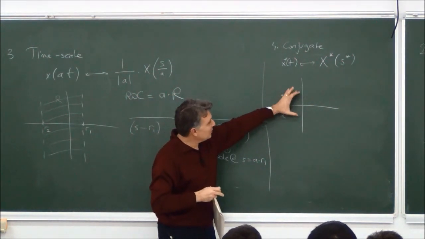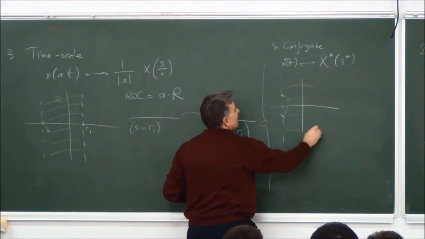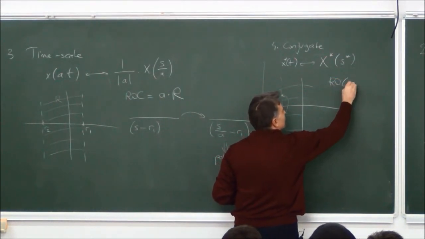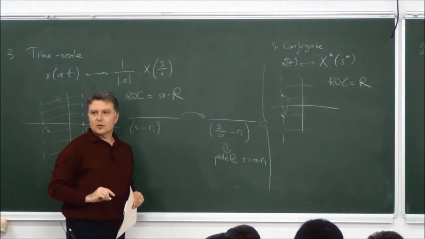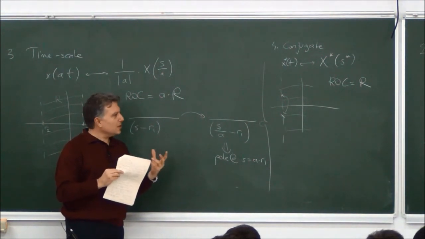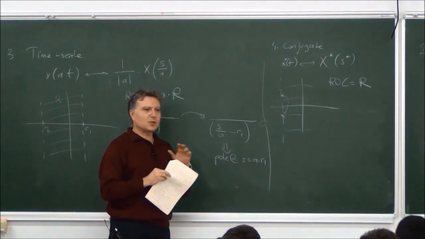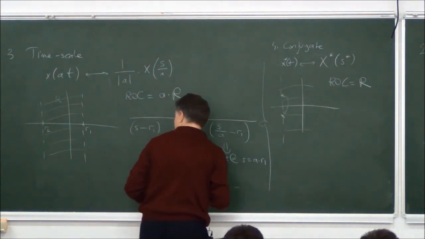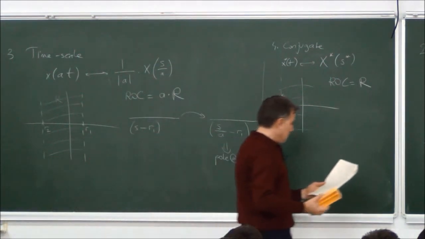The imaginary part will be negated, conjugated, which will correspond to the same region of convergence. And in short, the new region of convergence is the same as the old one. It doesn't change when you conjugate your signal. By conjugation, it's not affecting anything in terms of the region of convergence, in terms of the convergence issues. Okay.